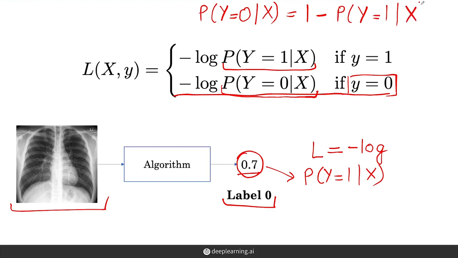An example is either mass or not. And so if the algorithm says 70% probability that something is mass, then there's 30% probability it's not. And so here we're going to plug in 1 minus 0.7. This is going to come out to 0.3. And this expression evaluates to 0.52.